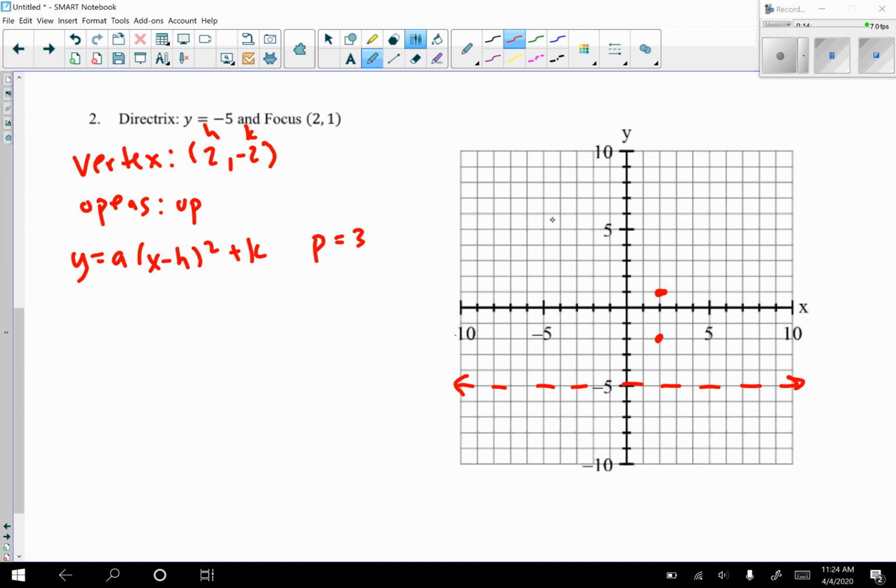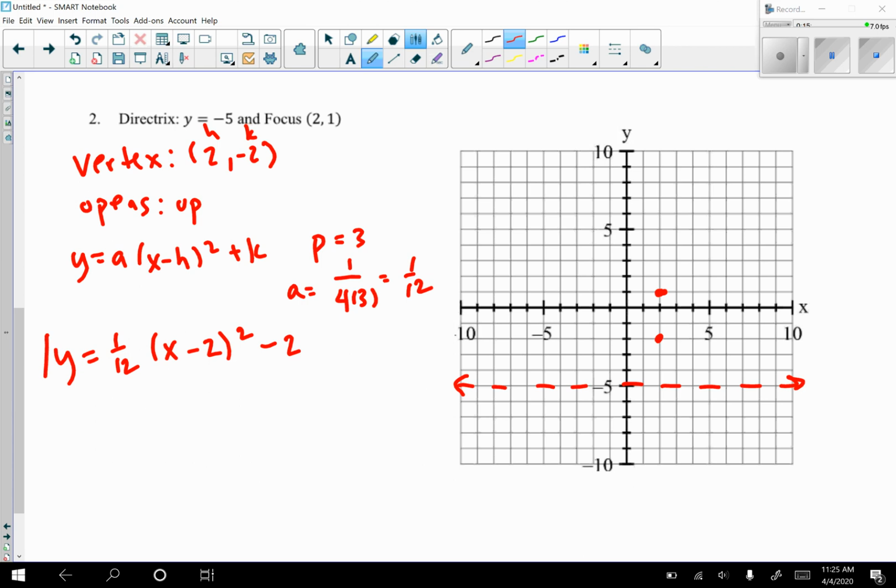The focus is going up, so I'm going to use a positive value for that. So a is equal to 1 over 4 times 3, which is 1/12. So y is equal to 1/12 times x minus 2, quantity squared, plus 2. Or sorry, minus 2 because our k is -2.